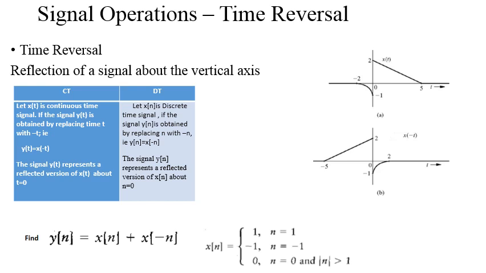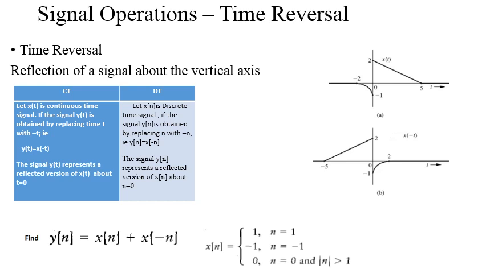Similarly, for the case of discrete time signal, we obtain y of n by replacing n with minus n, so we get y of n equals x of minus n, and it is clear from the minus sign that the obtained signal will be the time reversal or time reflected version of the input signal, right?